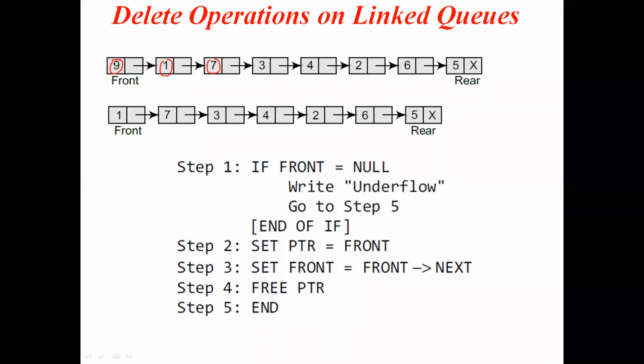Who is having the lesser number? Node 2. Node 2 is having the lesser number of 1, right? So this is high priority. I should give high priority to this job. Job is nothing but this node. Each and every node I'm considering as a job.